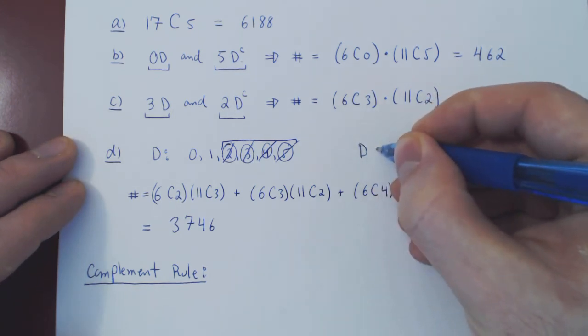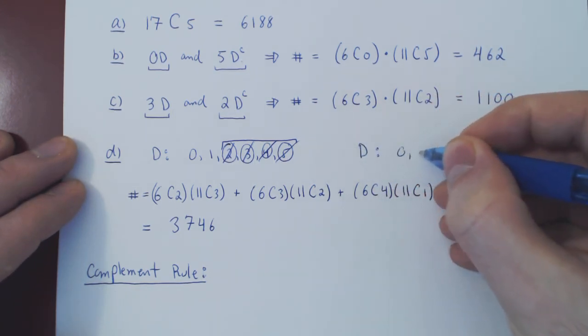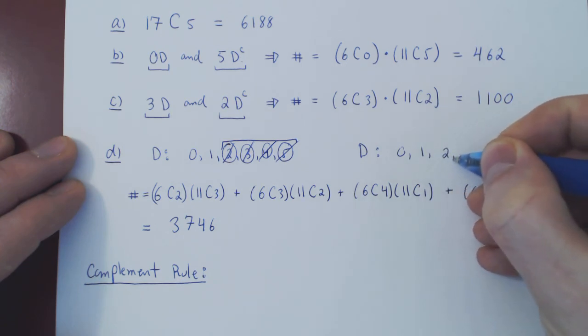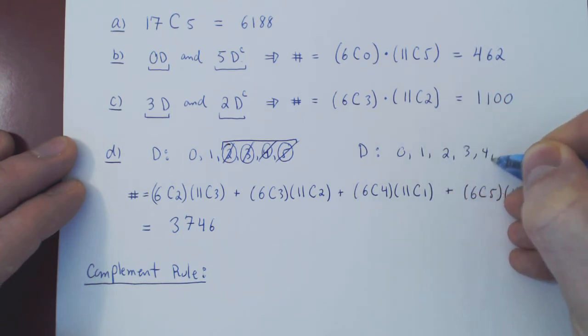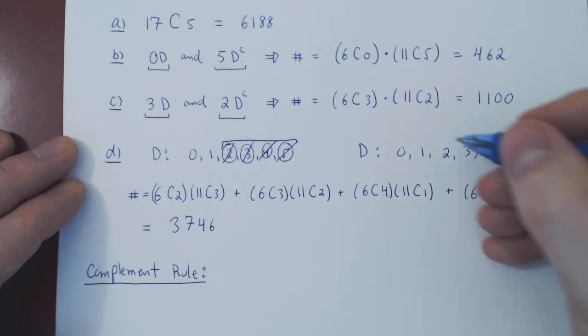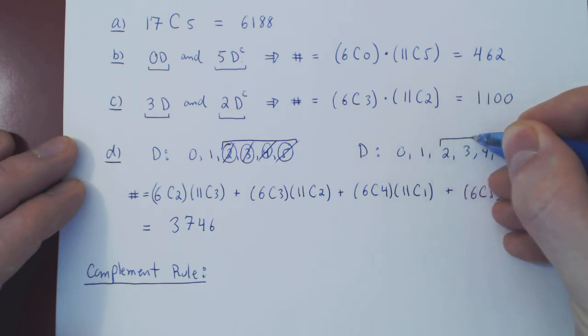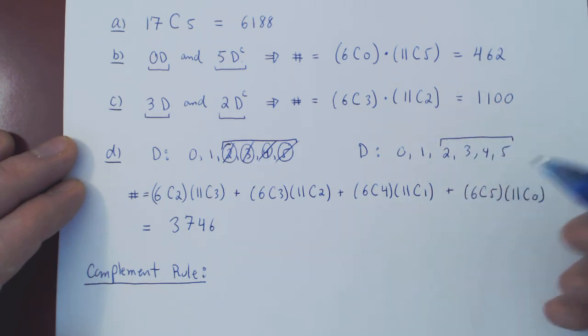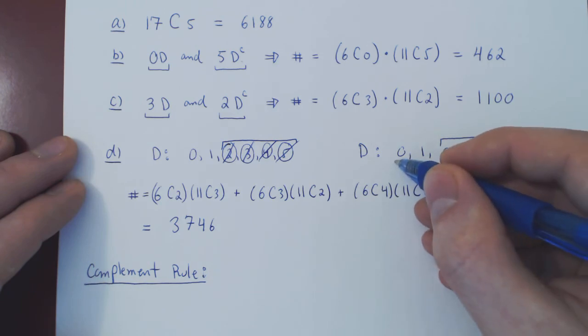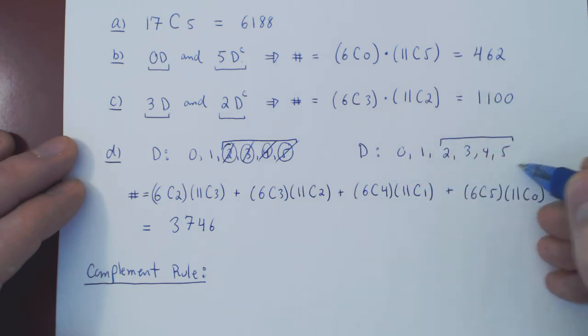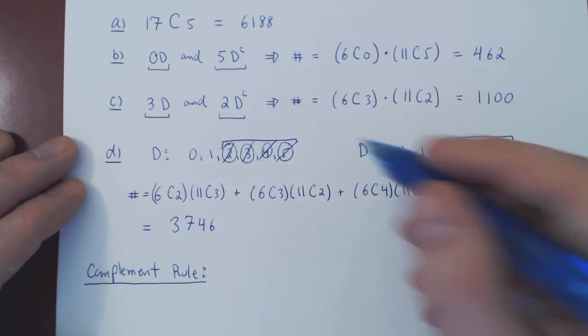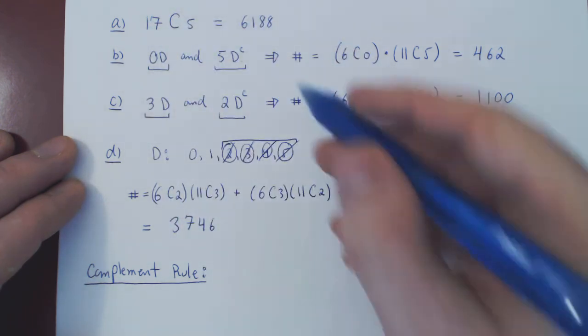So let's start back now. We had all possibilities up to 5. We wanted to count those possibilities. Well, let's first count everything. The total number of possible selections we already know is 17 choose 5.